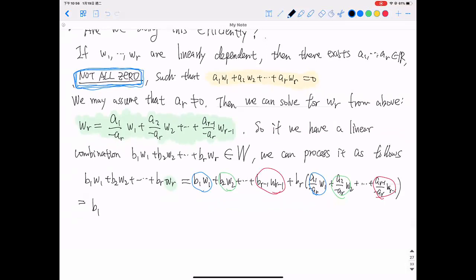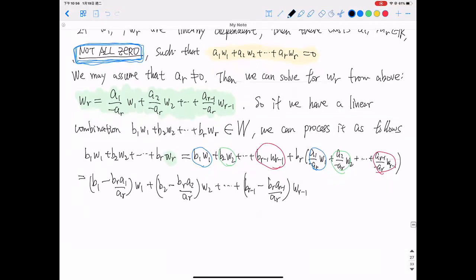So the answer is B1 minus BR A1 over AR, W1, plus B2 minus BR A2 over AR, W2, and finally BR minus 1 minus BR AR minus 1 over AR, WR minus 1. Now the point is that this is a linear combination of W1 through WR minus 1.